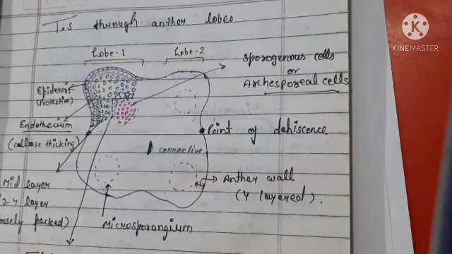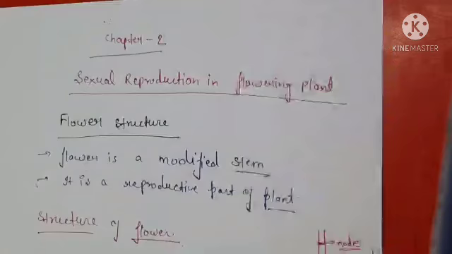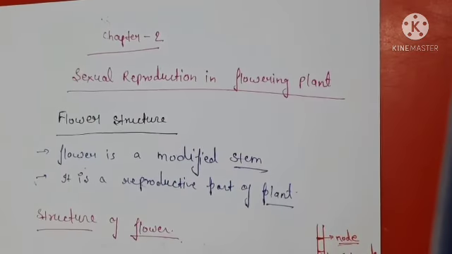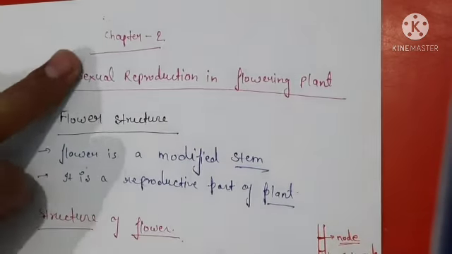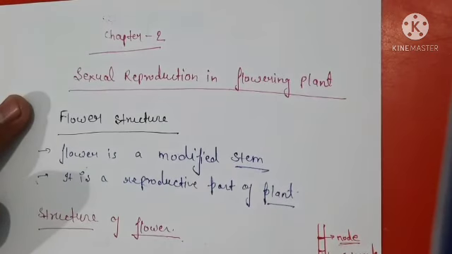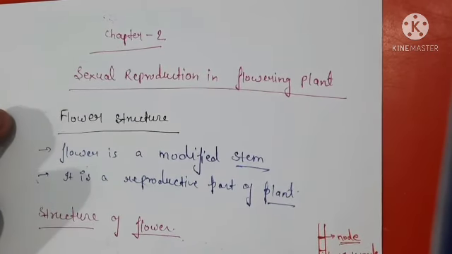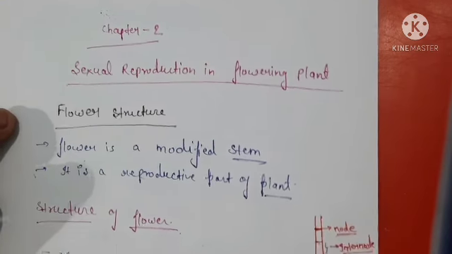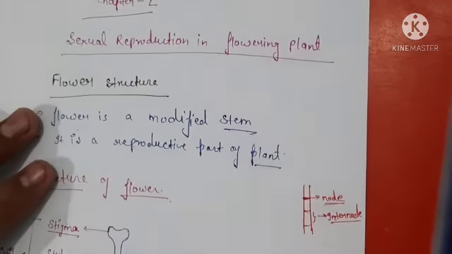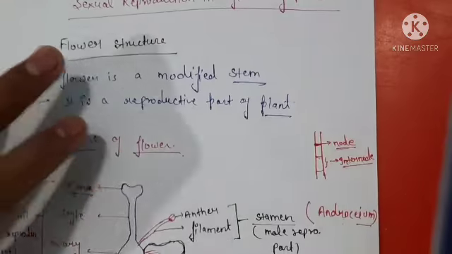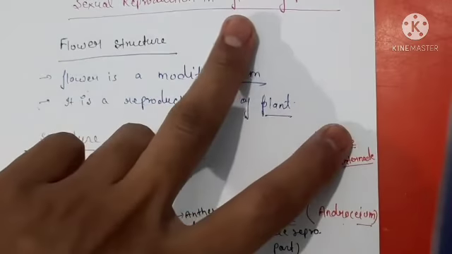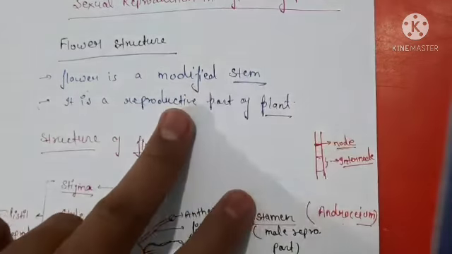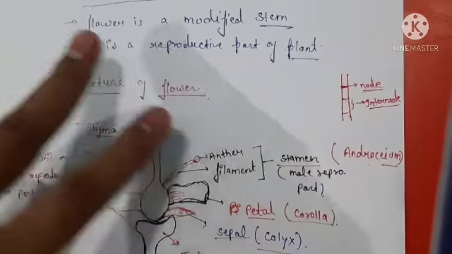Friends, now we will revise today's lecture rapidly. In chapter 2 we will discuss sexual reproduction in flowering plants. Flowering plants means angiosperm plants. Flower structure you will learn in detail in class 11th. Here we only discuss some basic structure.